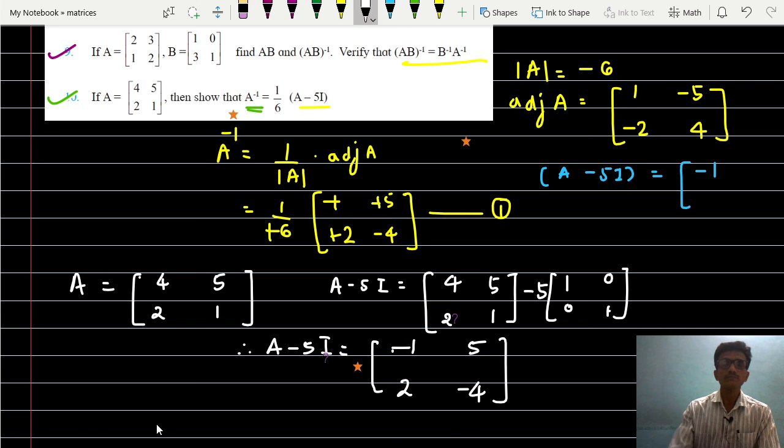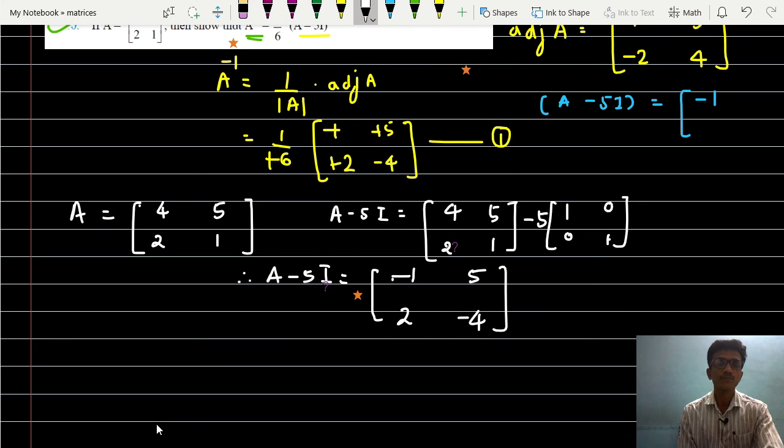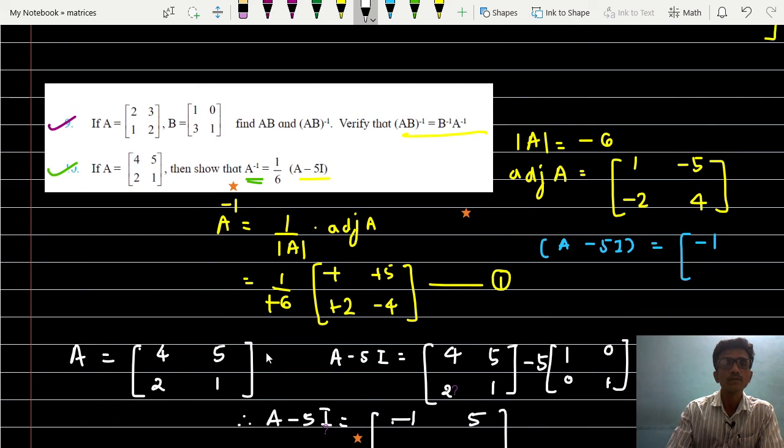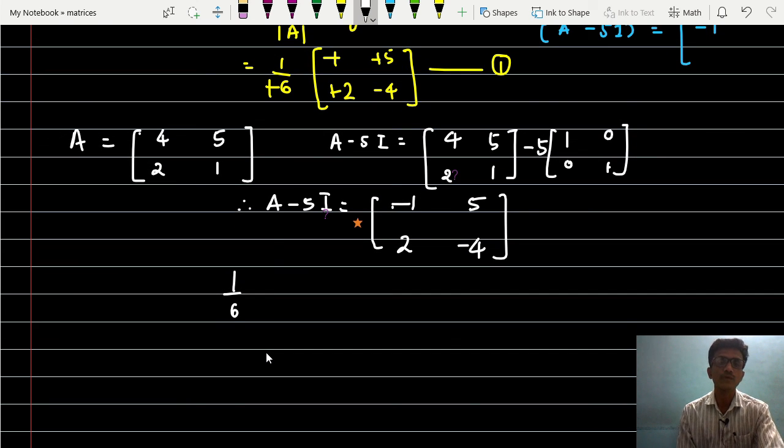Therefore, A minus 5I, 1 upon 6 into A minus 5I.